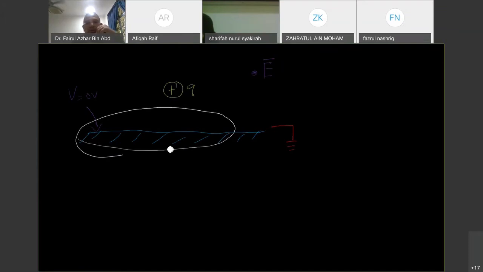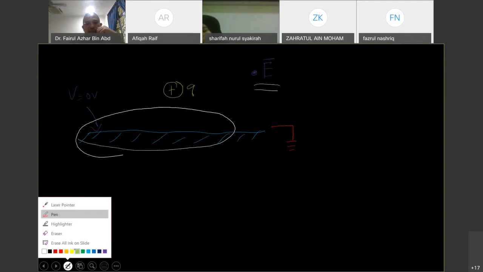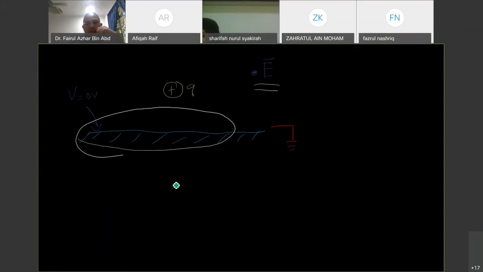So in order to find the value of the electric field at this point, we need to create another charge here. The sign of this charge is negative: if this is positive, this side will be negative.